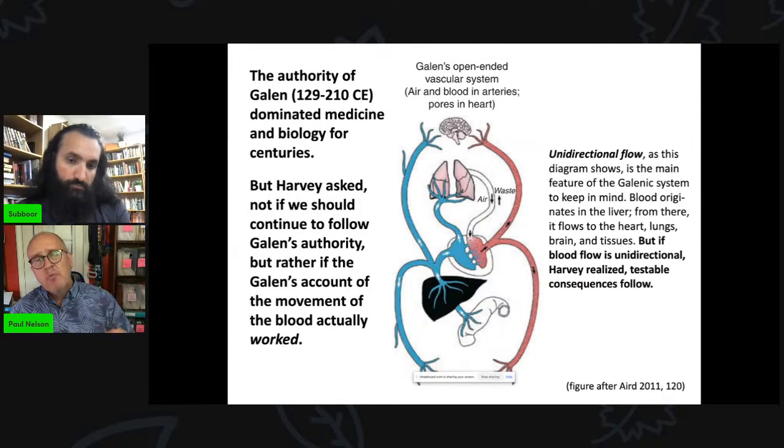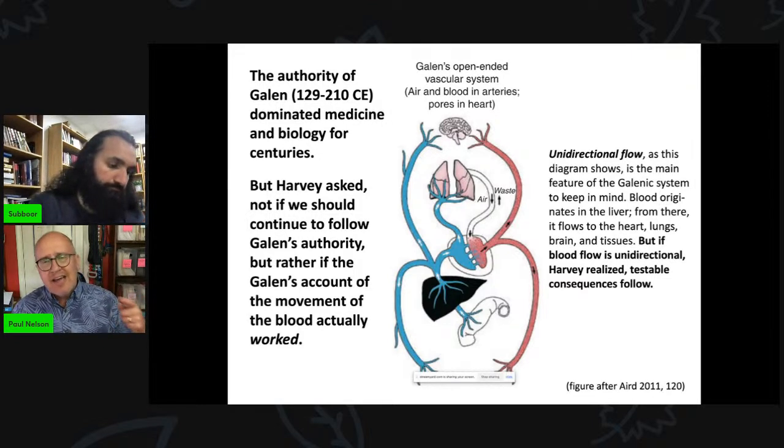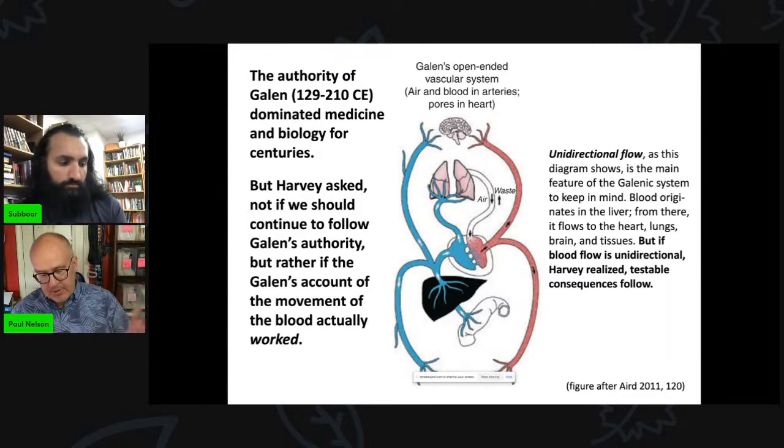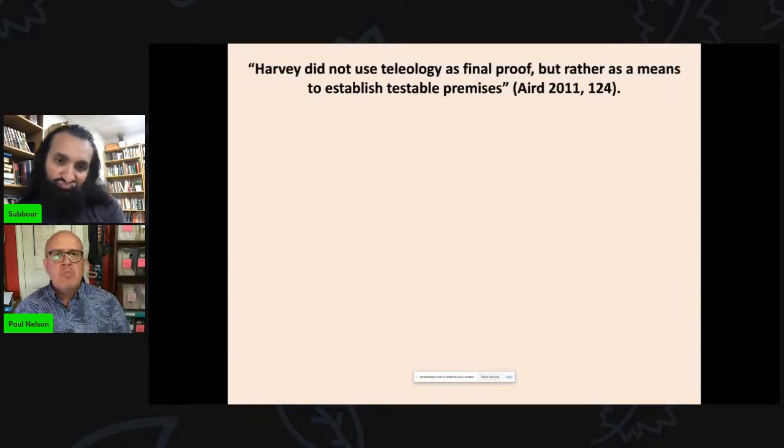But what was important was Harvey said this unidirectional flow, we can test that. Using sheep, using pigs, using domestic animals, we can test whether unidirectional flow actually works to keep an organism alive, to keep actually a complex vertebrate like a dog or a sheep alive.